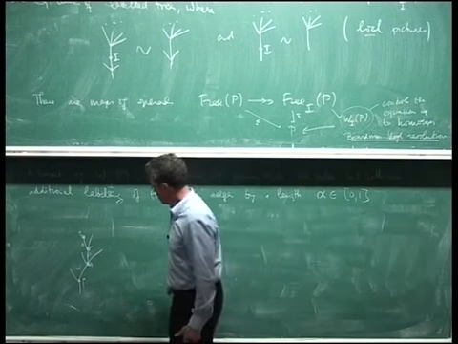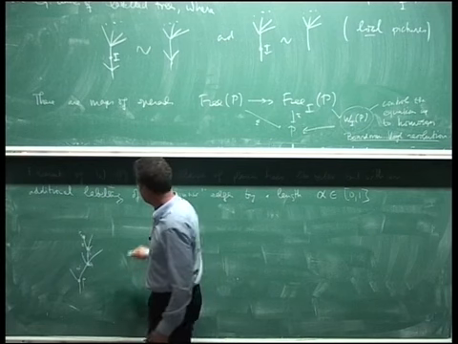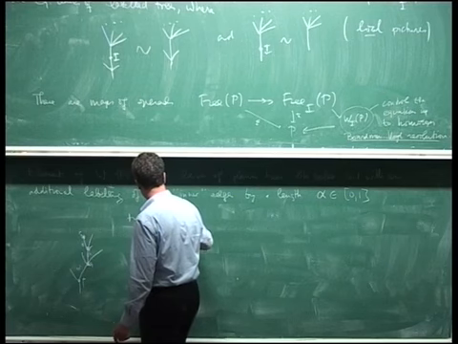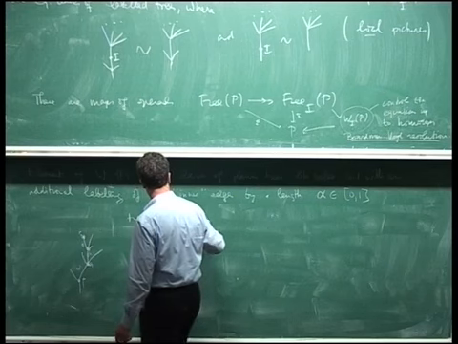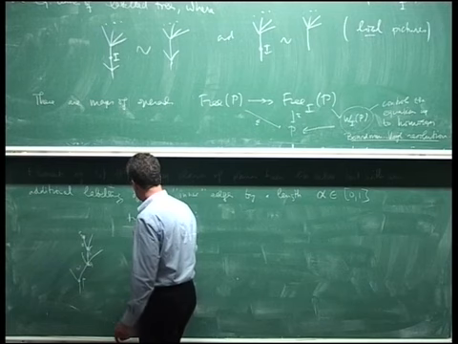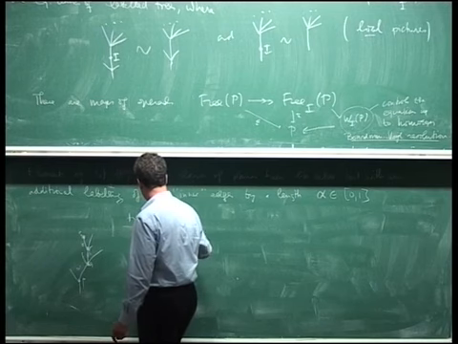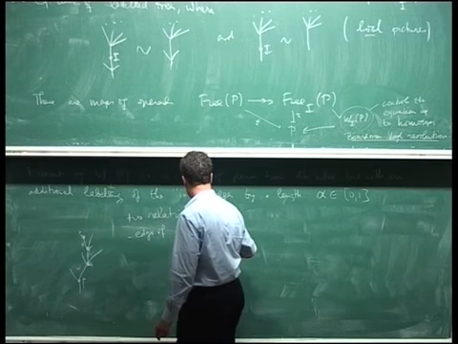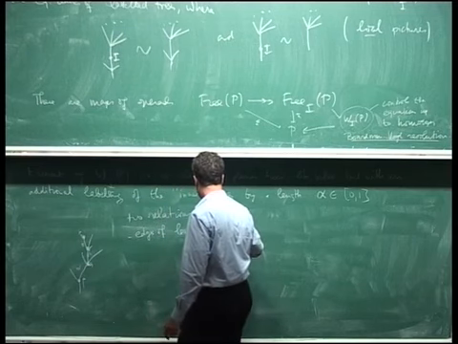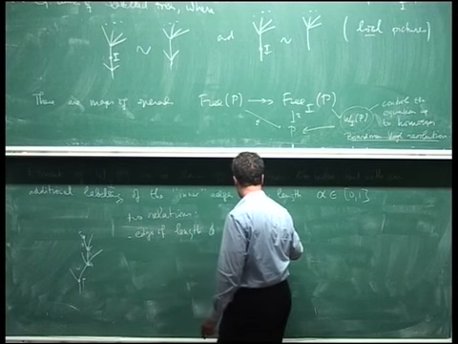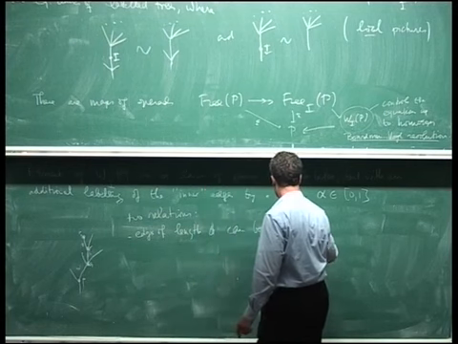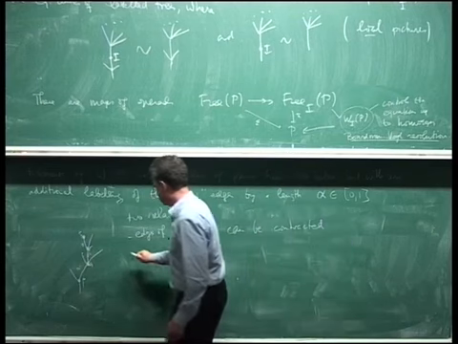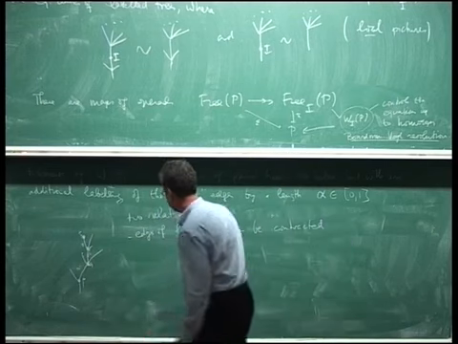And now there are two equivalence relations. Two relations. Edges of length 0, sorry, can be contracted. So I will draw a picture maybe.